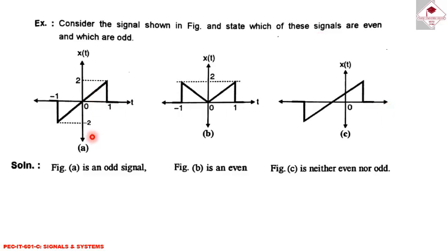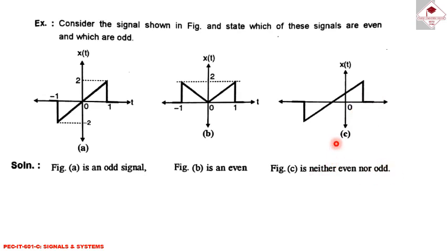In the first figure, as per the previous equation, this is the odd signal, and this is the representation of the even signal, and the third is neither even nor odd. So we can say that this is a neither even nor odd type of signal.